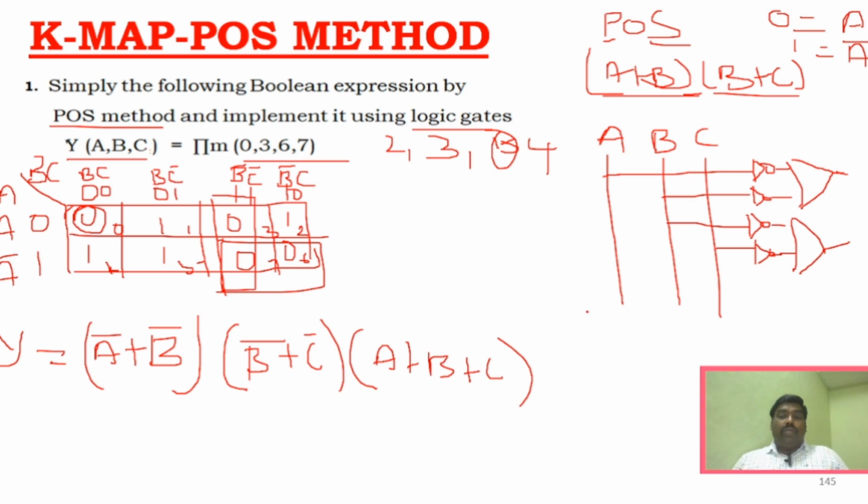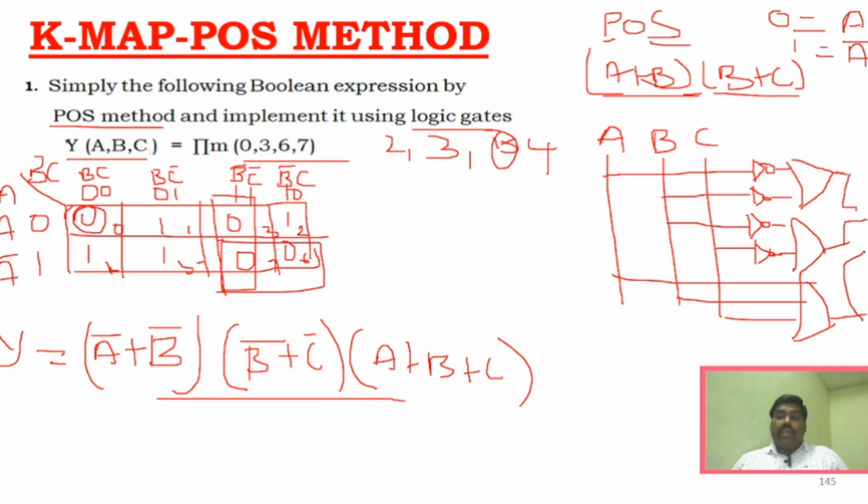And now the last one is A, B, and C, and again I will use an OR gate because all these are sums. And now all these sums will be a product, so I will combine all of them using an AND gate. This is the implementation using logic gates, right?